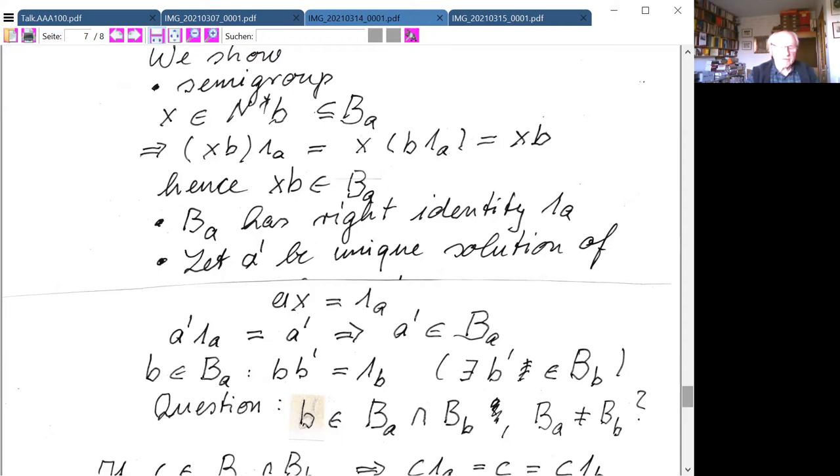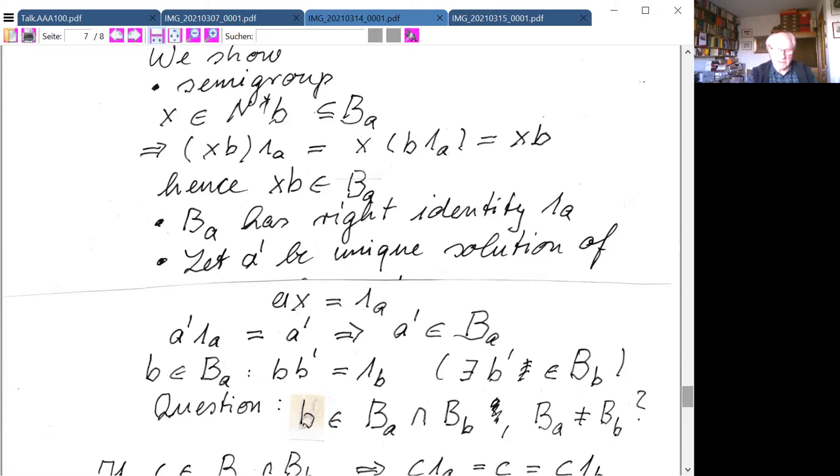If X is in this way in B sub A, then XB is in B sub A. So BA has a right identity. If you restrict N star to B sub A, then you have the multiplicative closure.